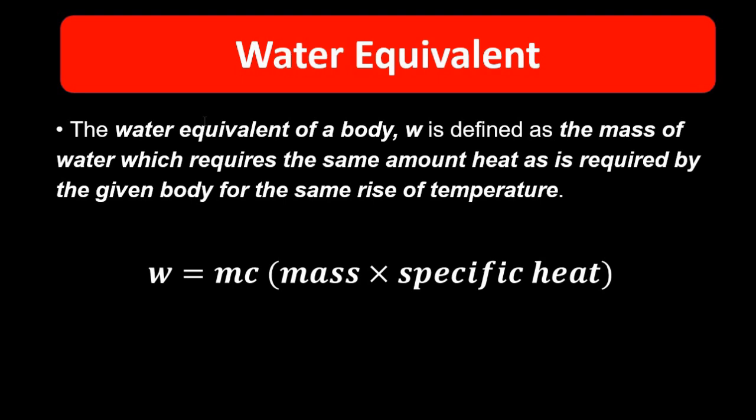So the water equivalent concept, what basically it means is that it is the mass of water which requires the same amount of heat as is required by any particular body to cause an increase in the same temperature level as the water. Okay, let me give you an example.